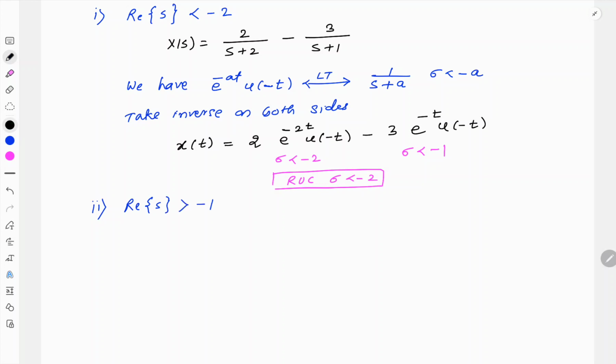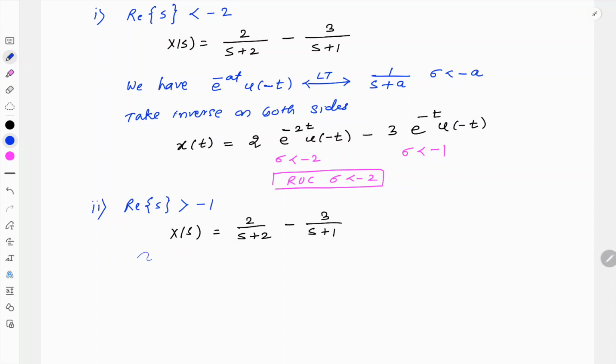So again take the equation of partial fraction expansion and now check what standard results we can use where we get RoC as greater than something. So remember always, whenever it is greater than, you have to use the standard results of the equation where you get u of t in the answer.